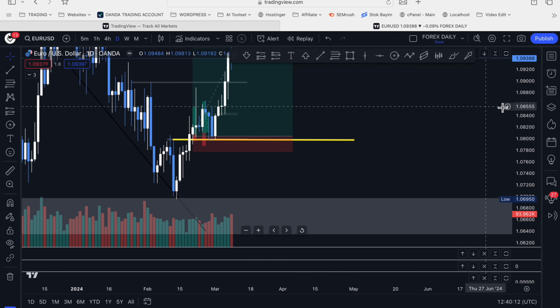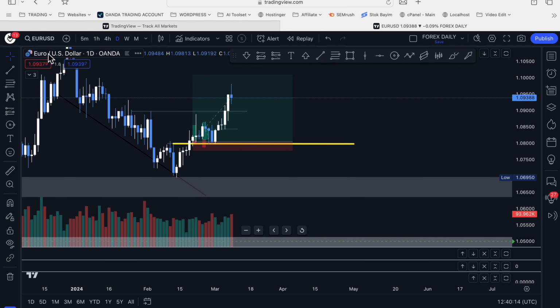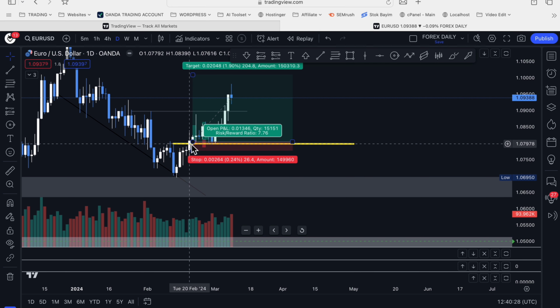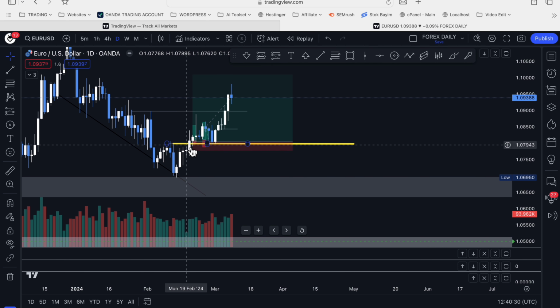So we are looking at the market here, and we can see it's in a downward trend. The market bounced here at this resistance, but again, it could have done anything. We want to wait until this yellow line is broken.